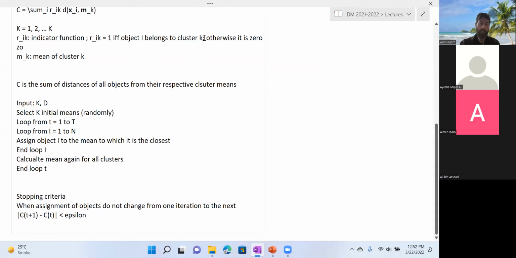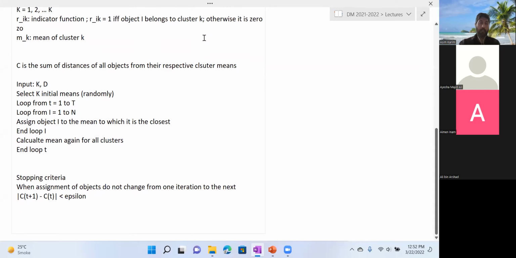So essentially these are the two stopping criteria. So essentially in this algorithm, it's again a very simple algorithm. You start with some random calculations of the means, k means, and then based on those means you assign objects. Once you have assigned the objects, the means are recalculated because each cluster will be defined by the objects to which it is assigned.